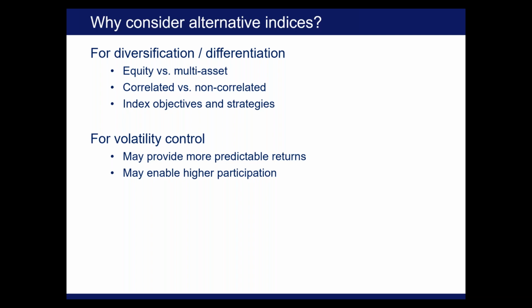When you also factor in the volatility control aspects, alt indices may generate less volatile or more predictable returns than the broad market. This volatility control can be a key component in minimizing hedging costs. In general, it's cheaper to hedge an instrument whose underlying returns are less volatile. And hedging efficiencies typically translate into higher participation rate and thus higher customer value.